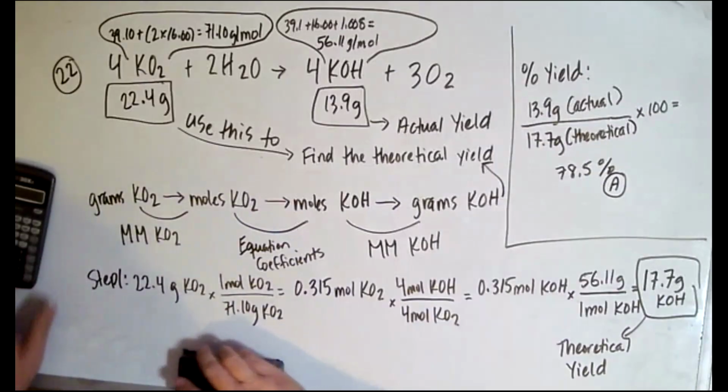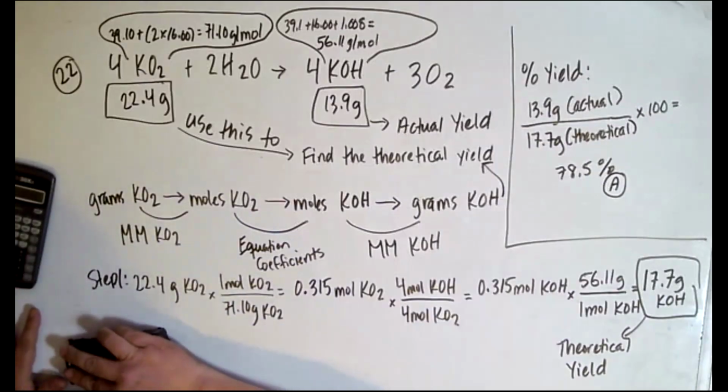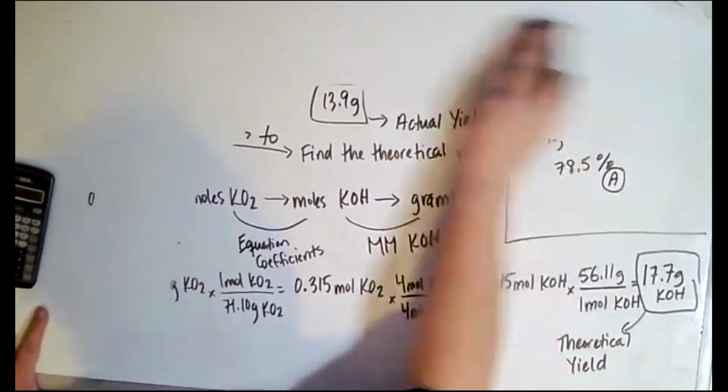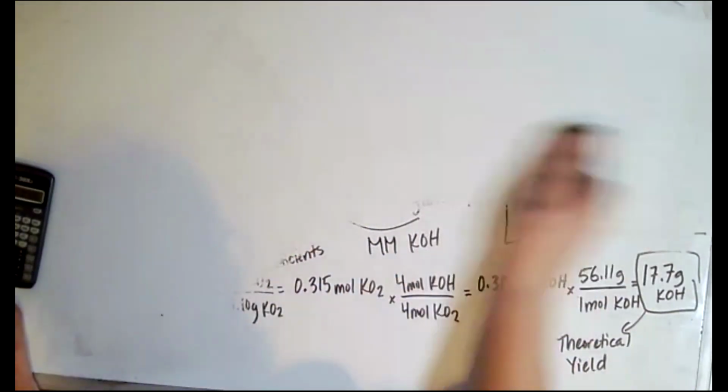Okay. The next question, number 23, asked us to determine the limiting reactant and calculate the number of grams of P2O5 that can be formed.